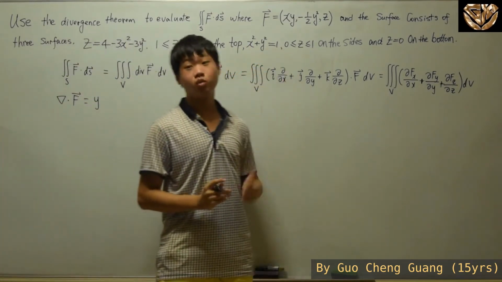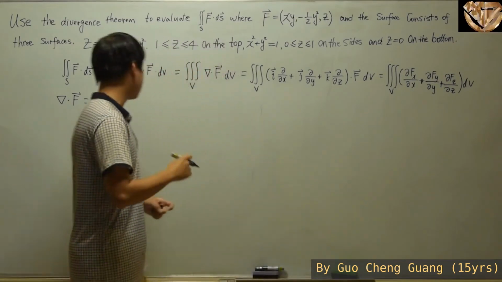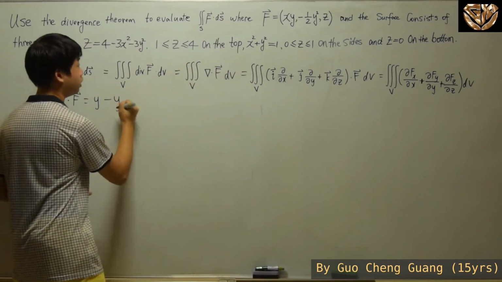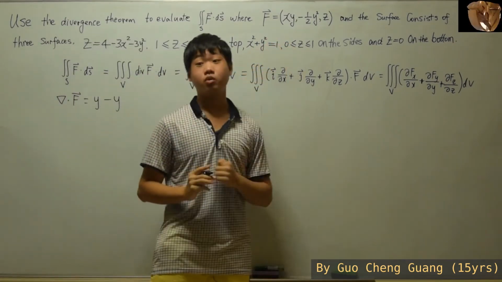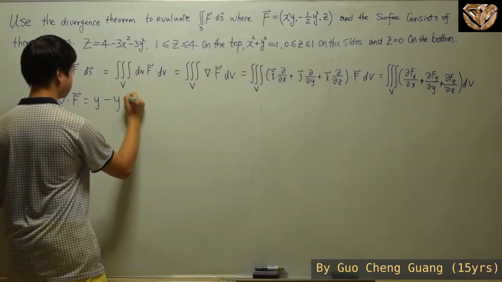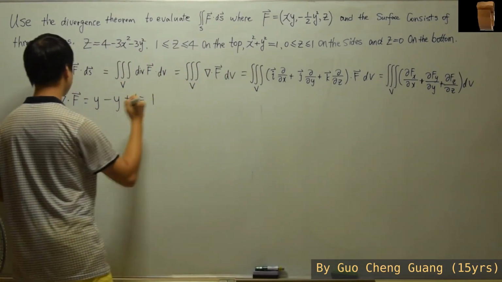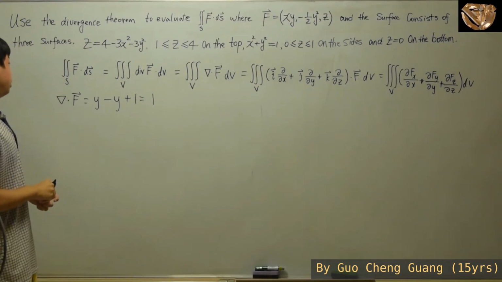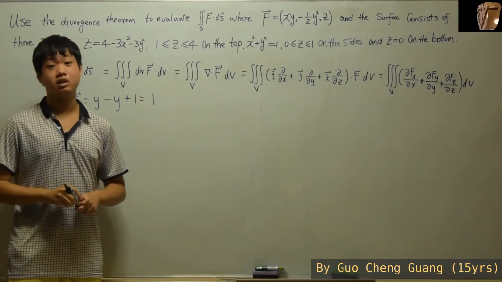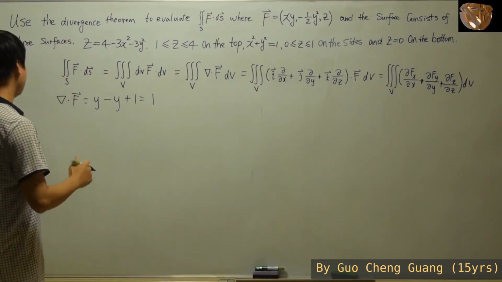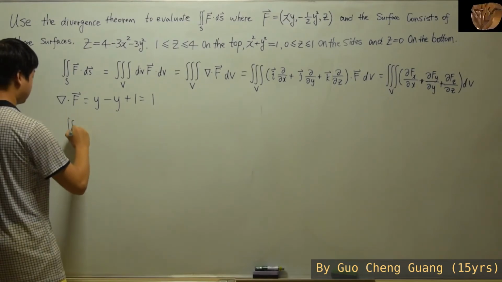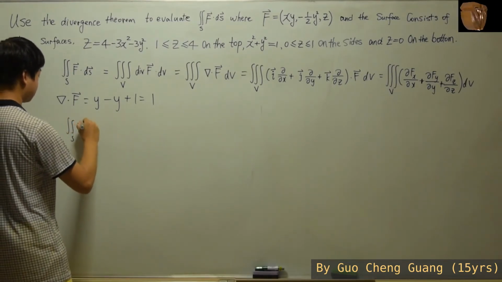Then negative half y squared with respect to y, you just get negative y. And the last one, when you differentiate z with respect to z, you just get 1. So in this case, our del dot F is very conveniently 1. Right. So let's try to find our flux.